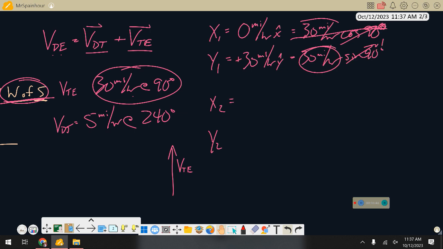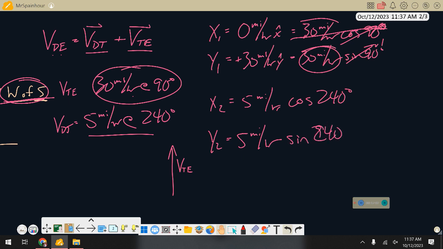x2, or this guy, will be 5 miles an hour cosine of 240 degrees, and 5 miles an hour sine of 240 degrees. I don't know why I started writing 90 there. So let's go ahead and punch those into a calculator. I think this is actually a 30, 60, 90.